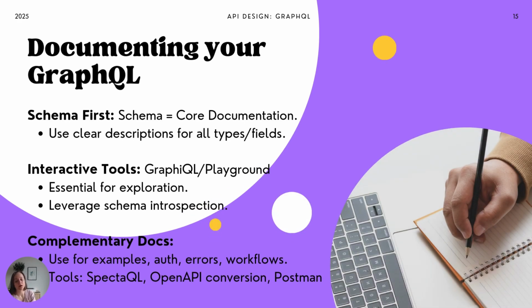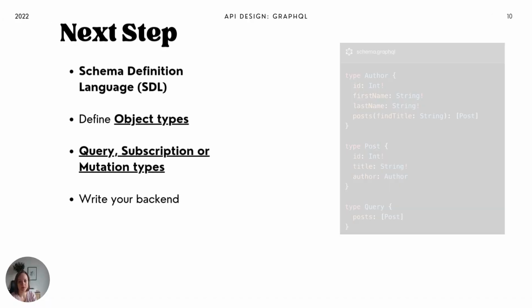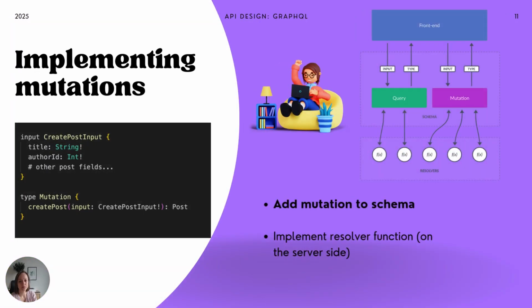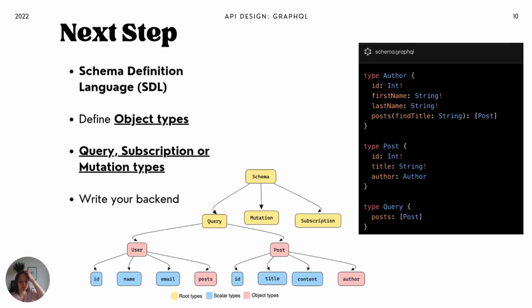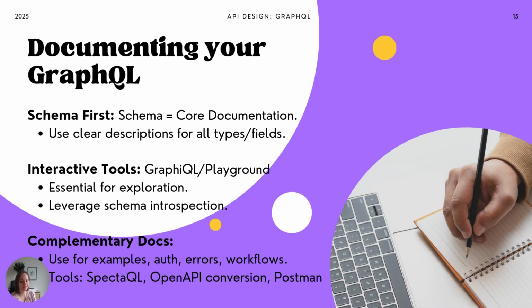Schema first is your core documentation. So this document that will have this definition should have as much information about your data as possible. So comment on what these types mean, what these entities mean, what the fields mean, and so on. So this is your first line documentation, and clear descriptions and comments, right?